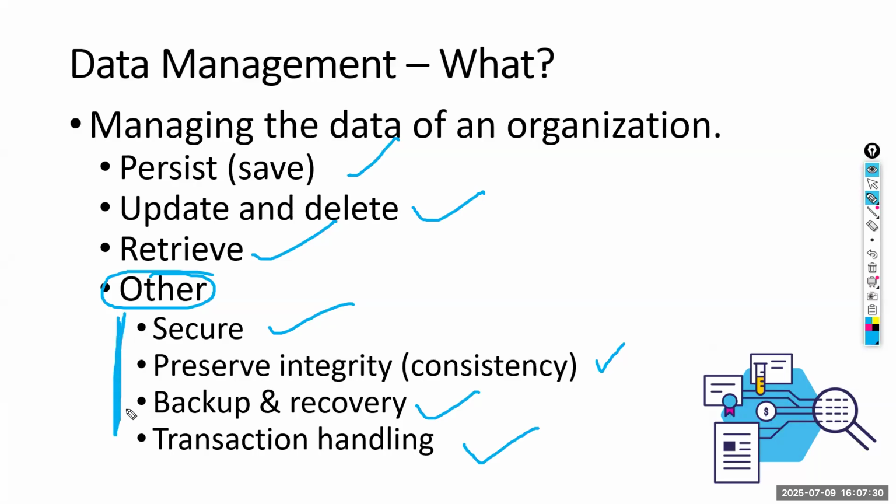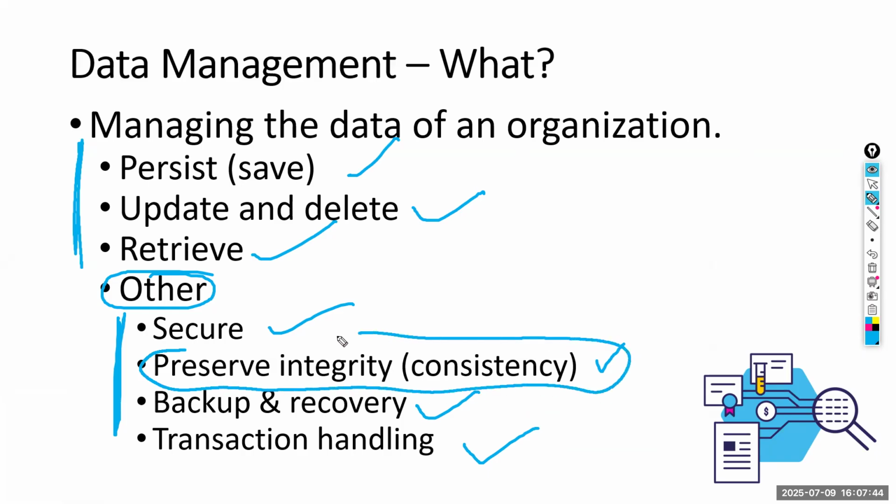But in your A-level ICT syllabus, we are more interested in these things: save, update, delete, retrieve, and also preserving integrity is one of our major concepts in A level. So we have lesser focus on security, backup and recovery, and transaction handling. So you must know what you are supposed to know well. What are the things we just overlook?